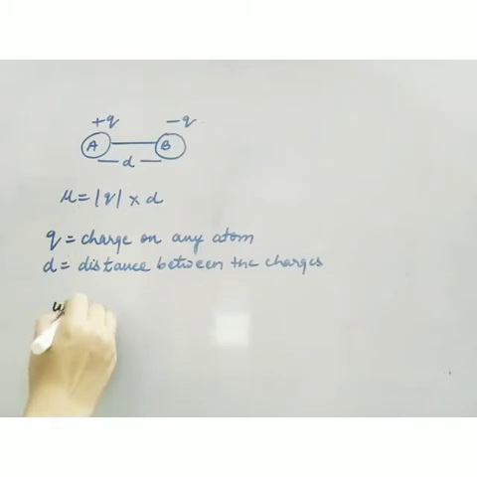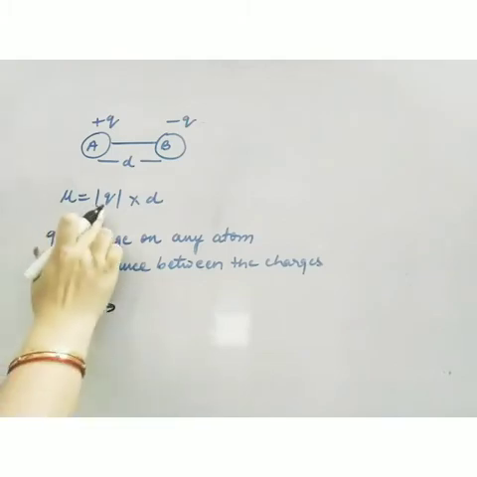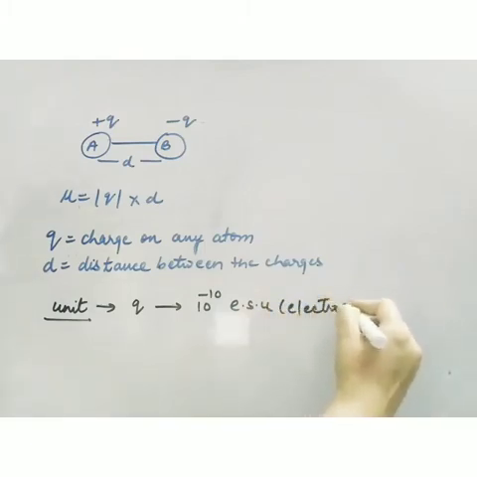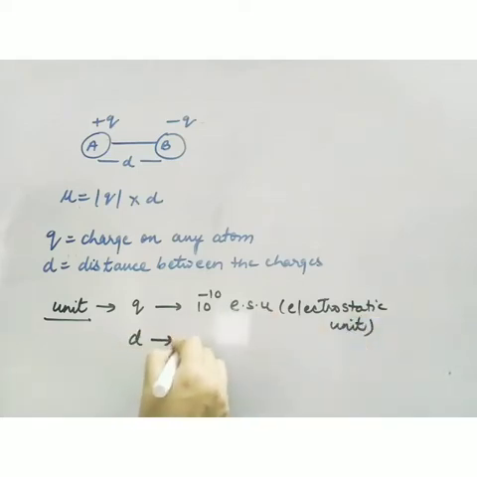Now what is the unit for dipole moment? It is charge into distance. Here Q is of the order of 10 to the power minus 10 ESU. What is ESU? ESU is electrostatic unit. And distance is of the order of 10 to the power minus 8 centimeter.